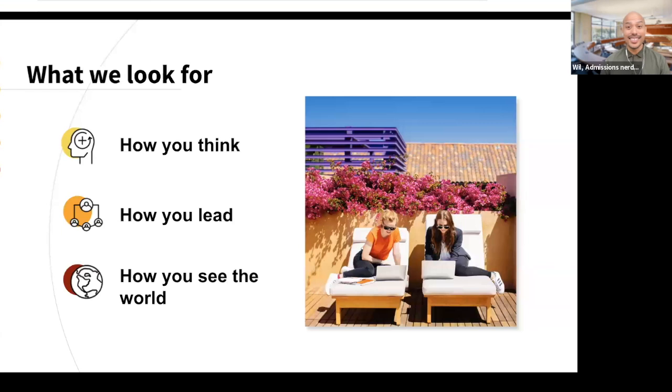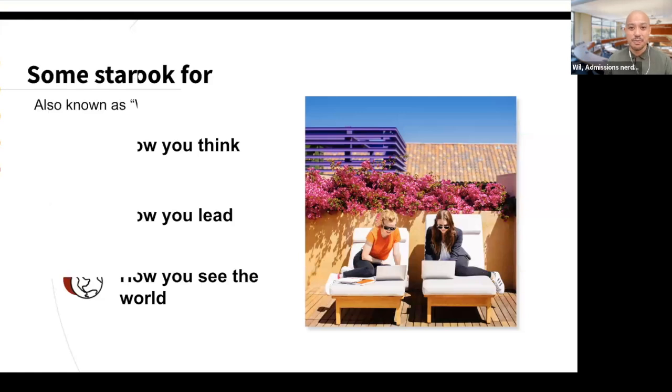And the hard answer and the easy answer is we don't. Sometimes the way you see the world does impact and influence how you think, and in turn, how you lead. And throughout the application process, we're able to unpack and discern some of these layers that help indicate and show us how nuanced and multidimensional each and every one of you are. So don't feel like these have to be mutually exclusive. Many times they are layered and multifaceted, just like you are.